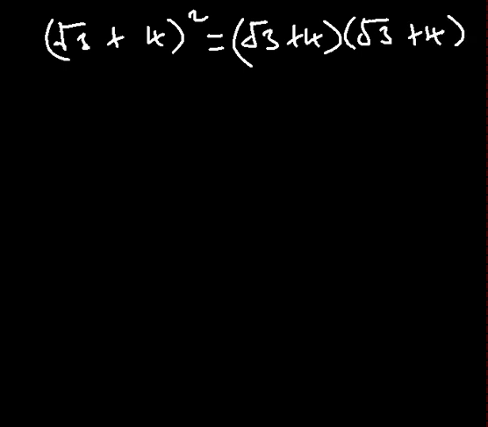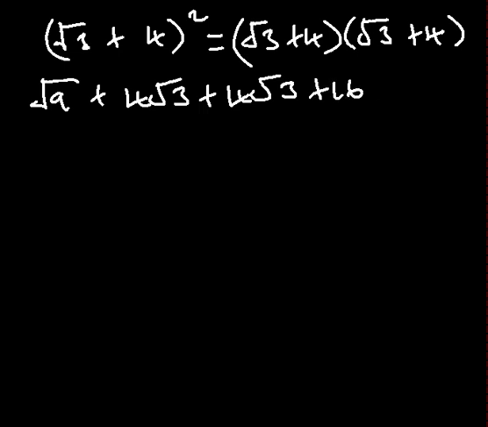In this case, we'll have root 3 times root 3, which is root 9, and plus root 3 times 4, which is 4 times root 3, plus another 4 times root 3, and plus 16.